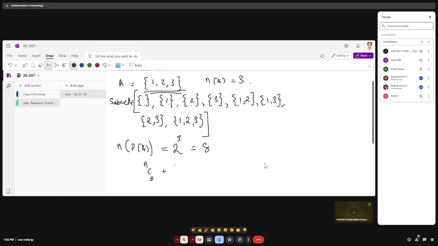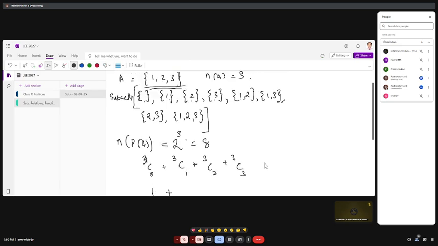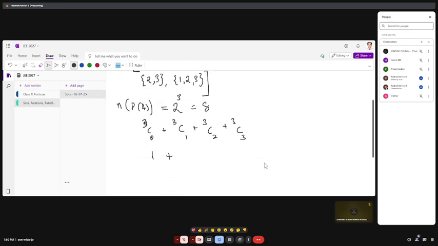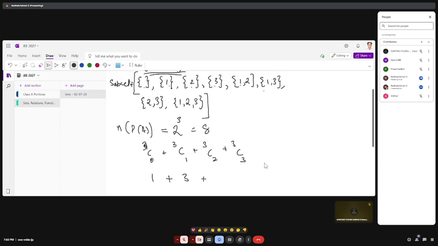This is also equal to how many sets you can make with 0 elements, nC0, that is 3C0. There are totally 3 elements. So how many combinations can you make with 0 elements? With 1? With 2? With 3? With 0 is only the null set, that is only 1. With 1, those are {1}, {2}, and {3}. Taking 2 elements at a time: {1, 2}, {1, 3}, {2, 3}.